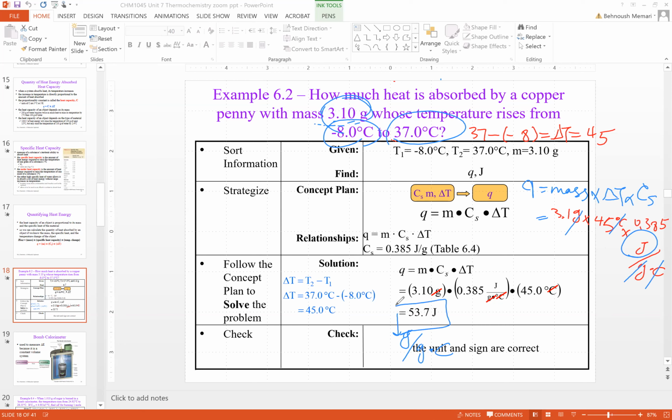So we have 53.7 joules. That's the amount of heat needed to increase the temperature of this copper penny from -8 degrees to 37 degrees Celsius. And from now on, anytime you want to calculate the amount of heat being absorbed or released, you can use mass, change in temperature, and specific heat capacity.